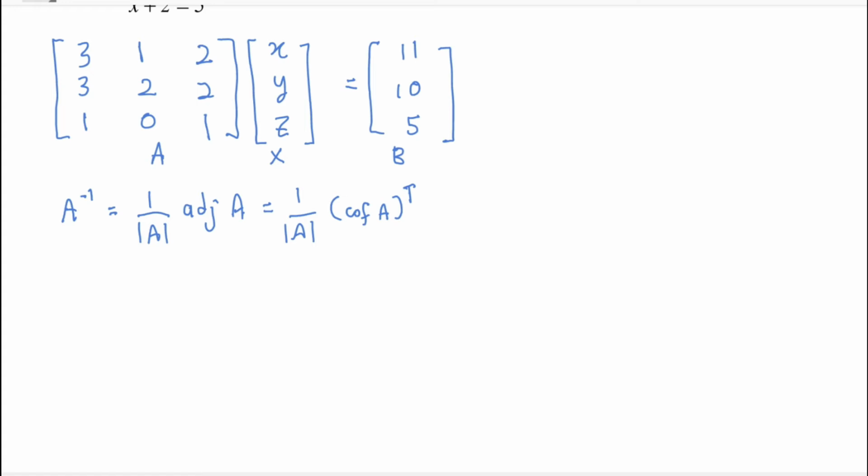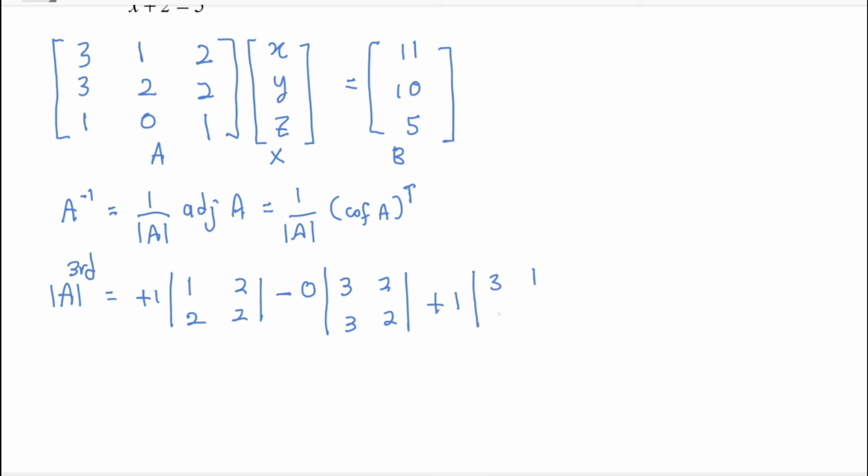So first we find the modulus A, which is the determinant of A, by using the third row, because there is a 0 there to make your work easy. Using the third row, we get plus 1 times the determinant of 1, 2, 2, 2, minus 0 times 3, 2, 3, 2, and then plus 1 times the determinant of 3, 1, 3, 2.